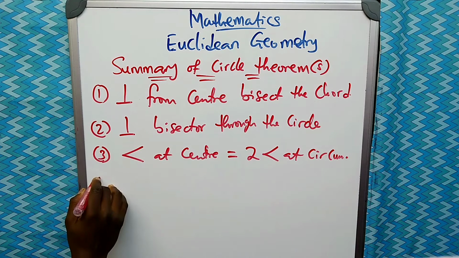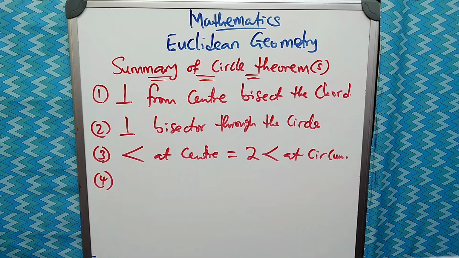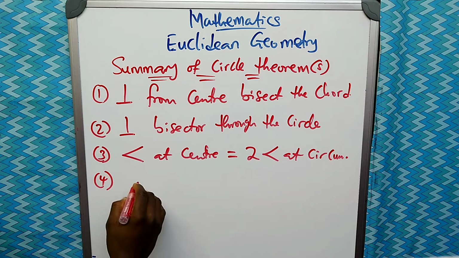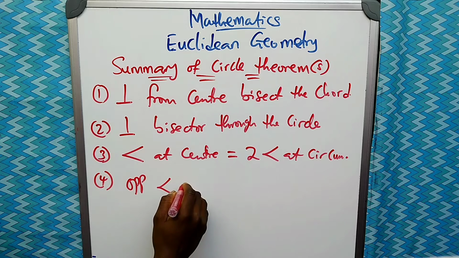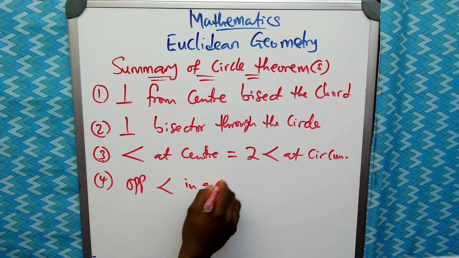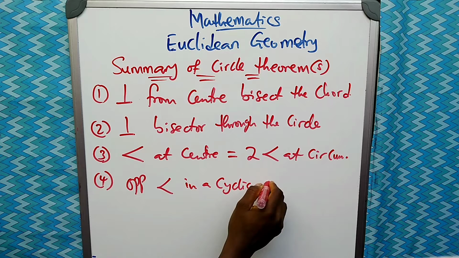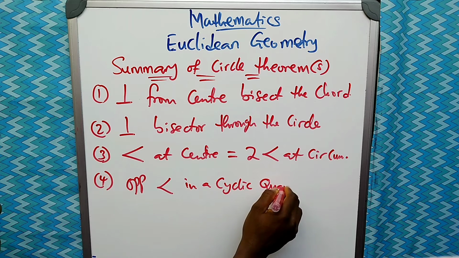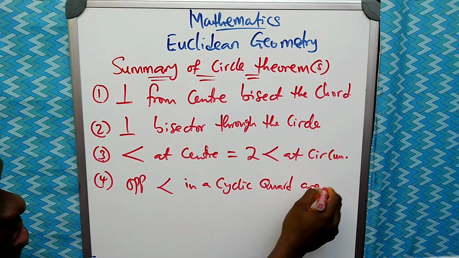Another theorem tells us that opposite angles in a cyclic quadrilateral are supplementary.